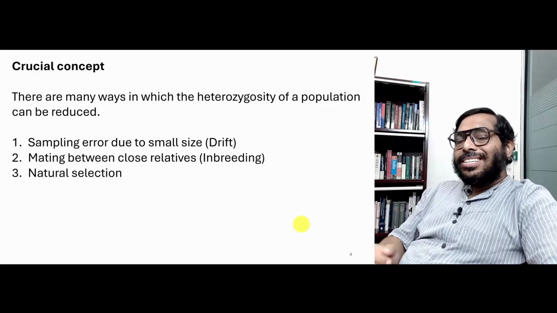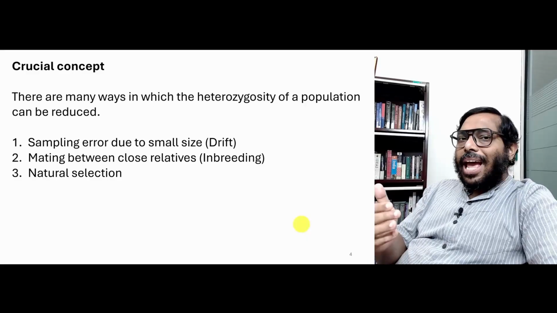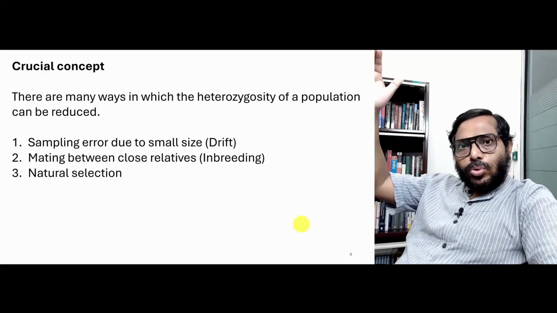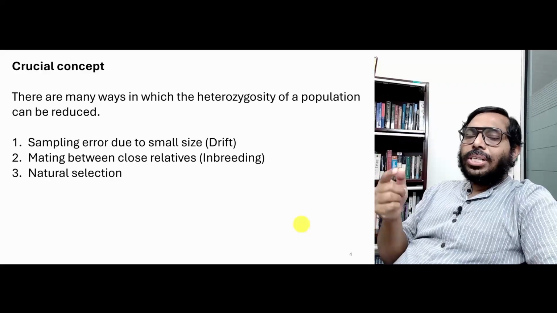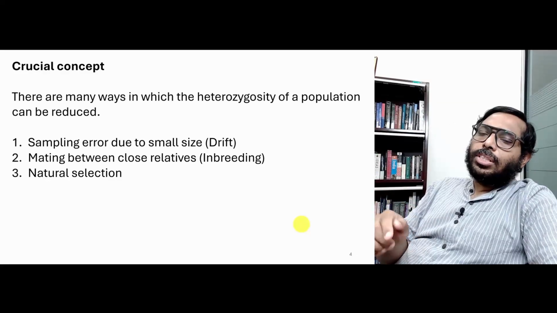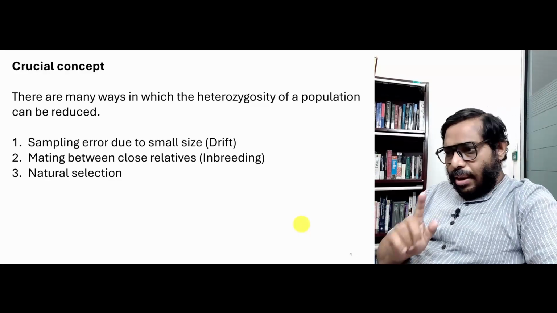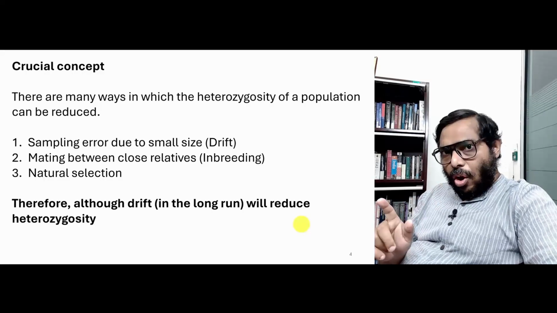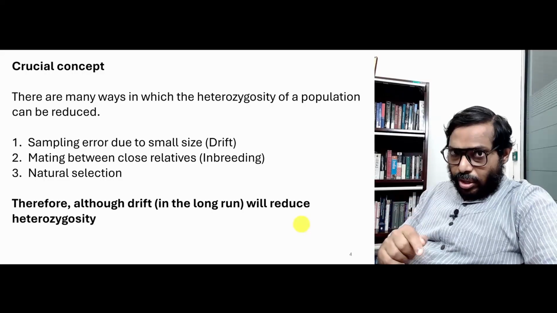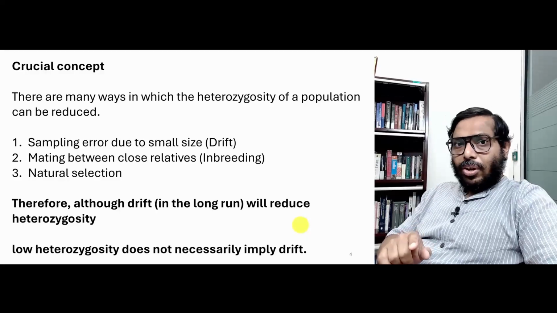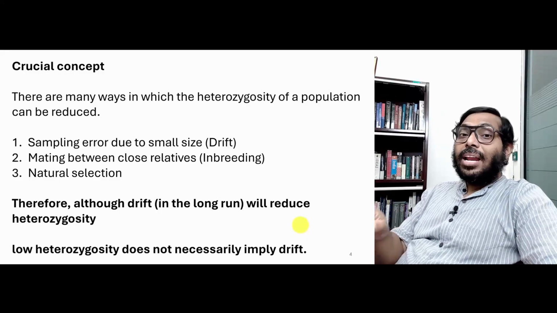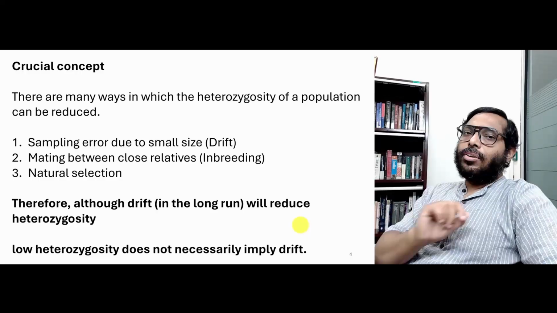Similarly, if you have selection happening, then that also can push one allele's frequency close to 1 or 0, as a result of which again the frequency of the heterozygotes in the population will go down. Therefore, although drift by itself in the long run will reduce heterozygosity, a reduced heterozygosity does not necessarily imply that drift is happening. There are other things also that can reduce heterozygosity.